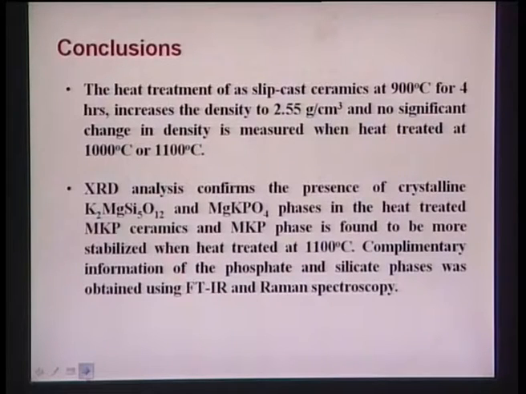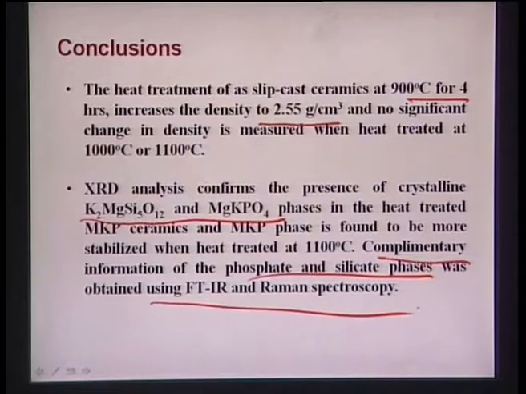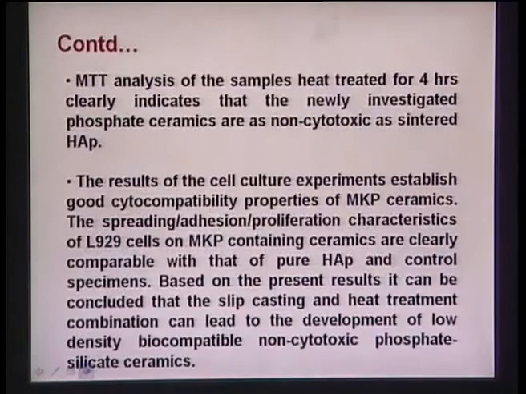Okay. So, these are the conclusions from this part of the study. The heat treatment at 900 for 4 hours and a little bit above gives you low density alternative phosphate materials, with a density of around 2.5 gram per cc. XRD analysis confirms the presence of K2MgSi5O12 as well as the magnesium potassium phosphate phase in these materials, and complementary information on the phosphate and silicate phases was also obtained by FTIR, Fourier transform infrared spectroscopy, as well as Raman spectroscopy.